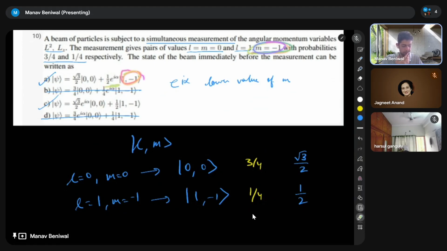That's why we have multiplied this phase here. So what ma'am was saying is that if instead of the state 1 minus 1, we were given a state 1 comma 1, then because this m is higher than 0, option C would be the preferred choice. That is what we were discussing.